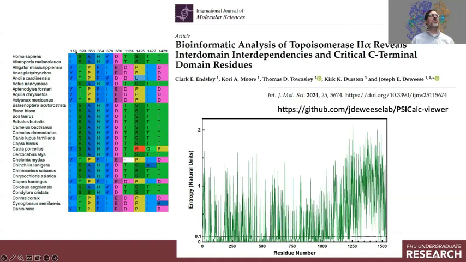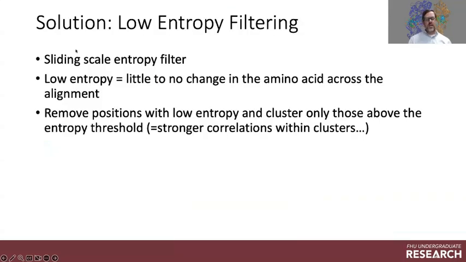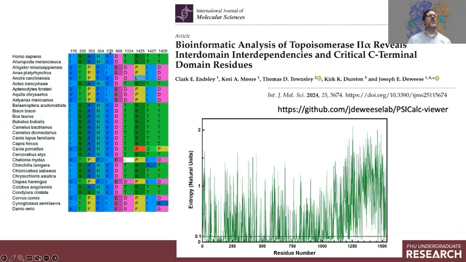And if you look across the top, those numbers represent the position of those amino acids in the actual sequence. So you've got things at 100, 300, 500, 600, 1100, 1400. So some of these sites are very far apart, but yet have really strong correlation. And I'm not showing the whole alignment here.